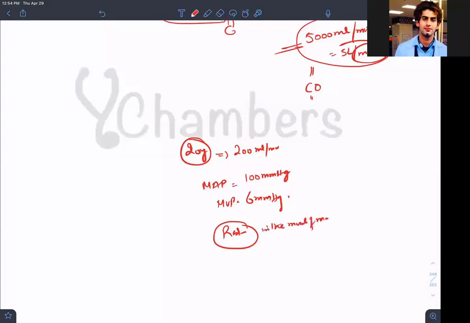Simple concept, simple. An LKG student will also solve this. What is the answer? So what we will do: resistance is equal to P1 minus P2 divided by R. What is P1? P1 will be 100. 100 minus P2, which will be 6, divided by resistance.